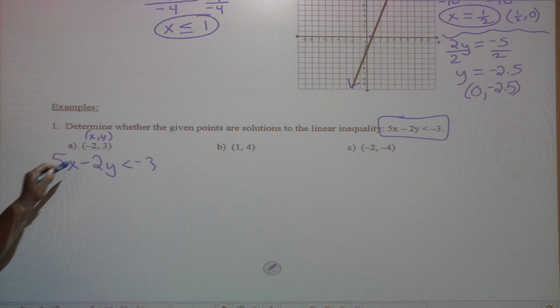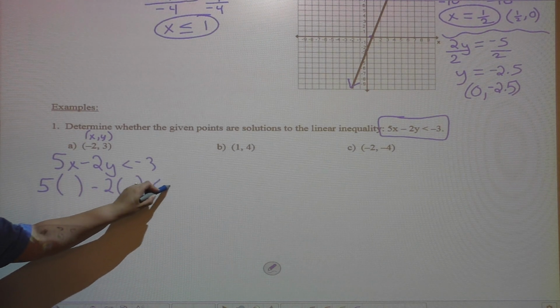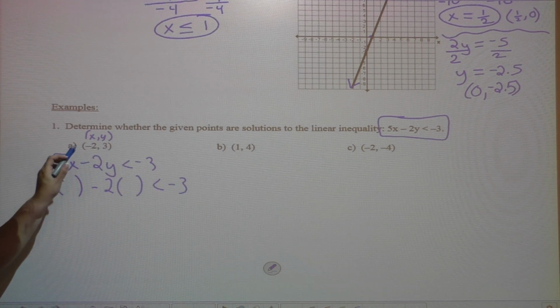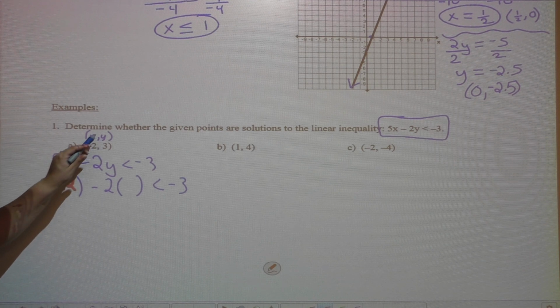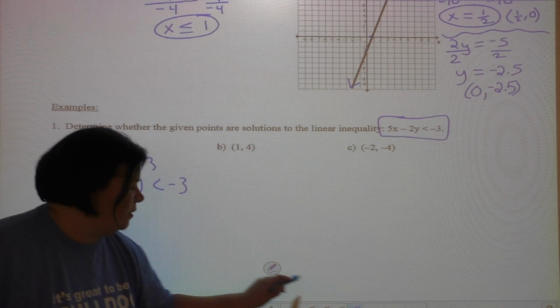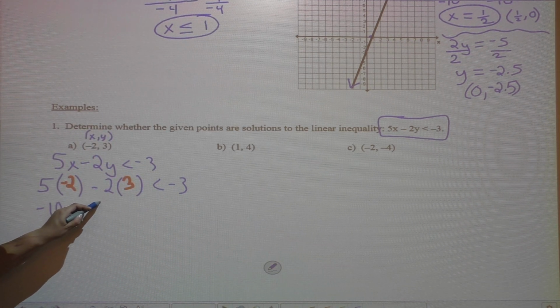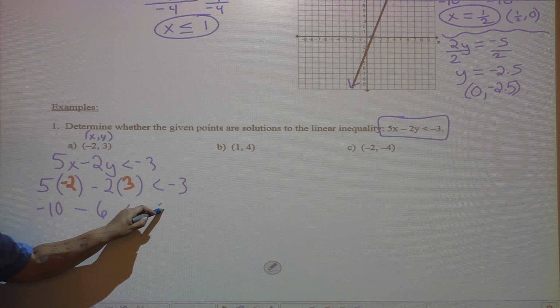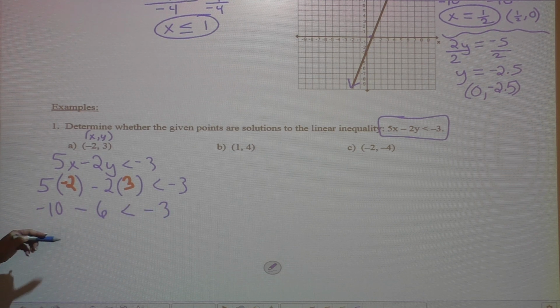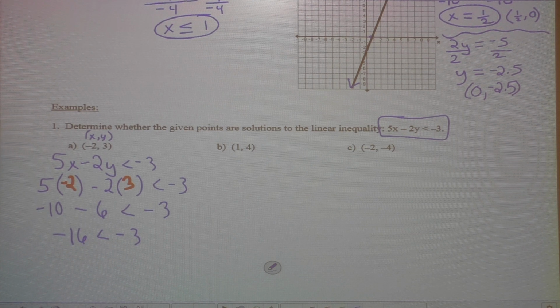All I'm going to do is substitute in my values for x and y right in here. So x is -2, y is 3. If I go ahead and solve this, I have -10 minus 6 is less than -3. Simplifying this further, -16 is less than -3.